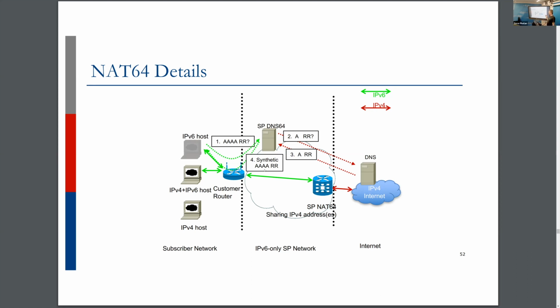Problem with this is it cannot deal with IPv4 literal addresses in that form. We have other mechanisms where we can encode a V4 address onto that. So we just take the last 32 bits and we encode the V4 address in the last 32 bits. But it doesn't always work. It is subject to the implementation of the NAT 6.4 box that you're using.